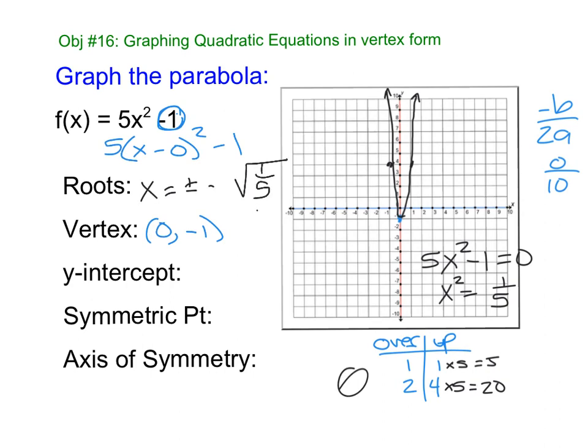There it is. Plus or minus the square root of a 5th. My y-intercept is -1. There is no symmetric point because the vertex is the y-intercept. Axis of symmetry, x equals 0. Right. And that is it.